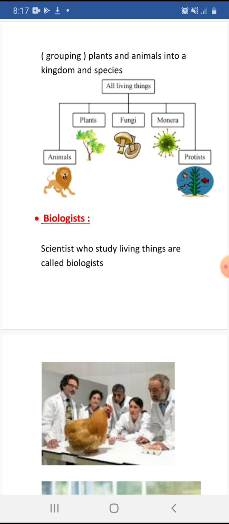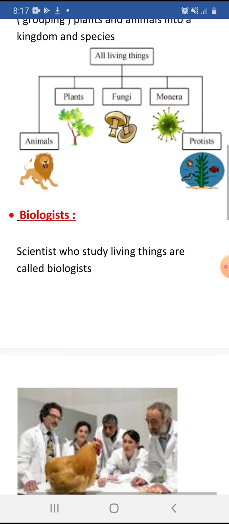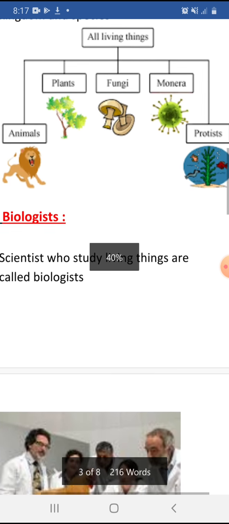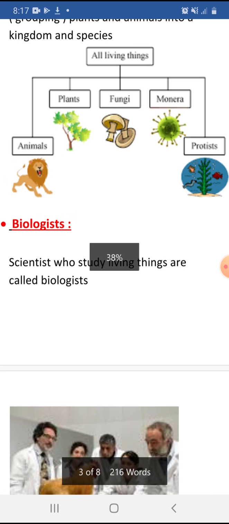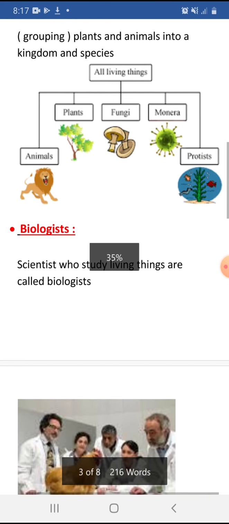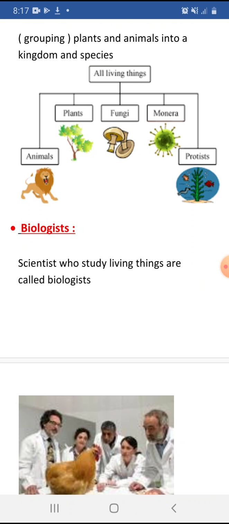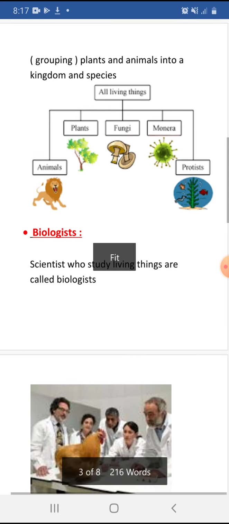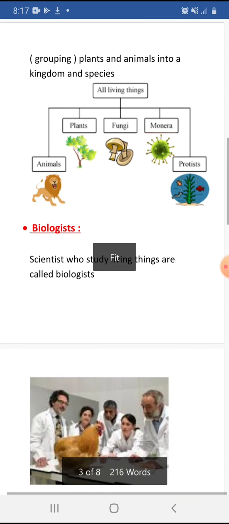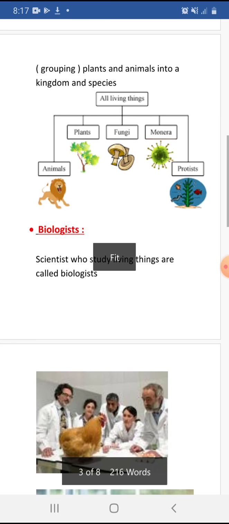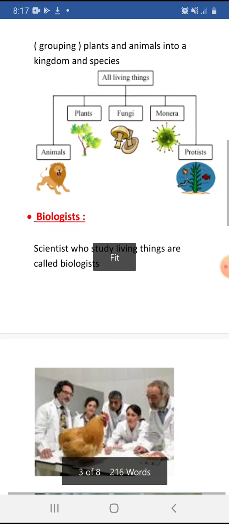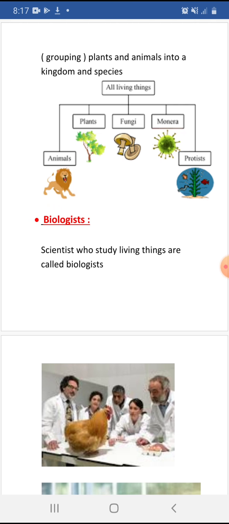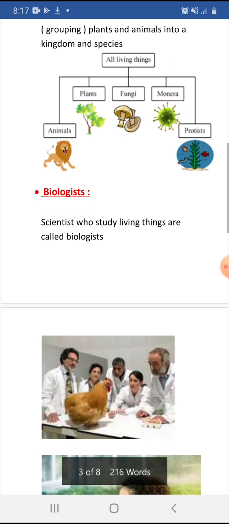As you can see clearly in the diagram, all the plants are grouped into a large group or kingdom known as kingdom Plantae. And so on, you can see the different kingdoms: kingdom Fungi, Monera, Protista, and inshallah we will do this in detail in the upcoming topics.